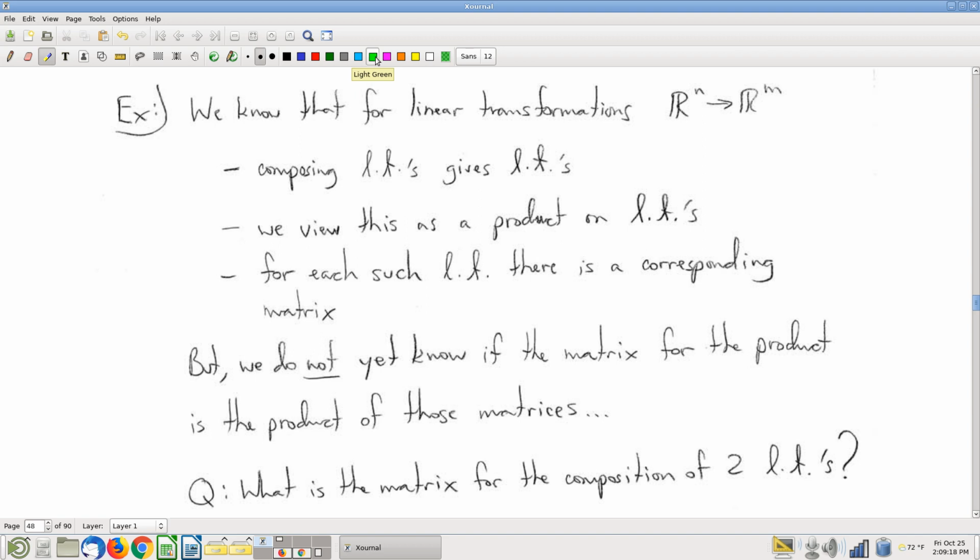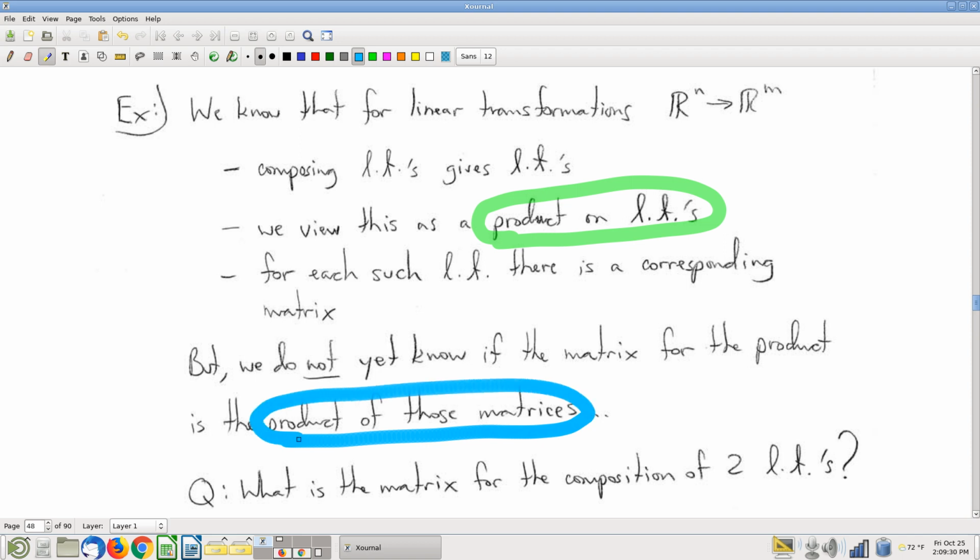We defined a product on linear transformations. Okay, fine, free country. We had previously defined a product of matrices. And these seem like completely unrelated questions. How would you define a product on matrices? How would you define a product on linear transformations? They're totally different things, so who cares, right?